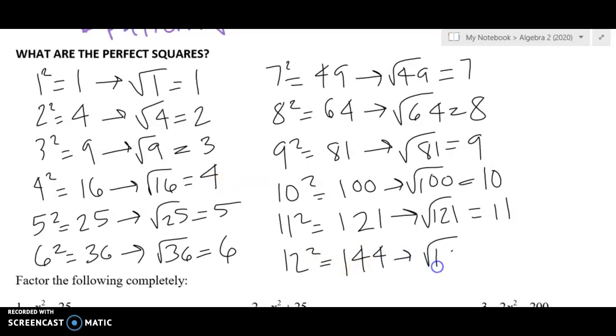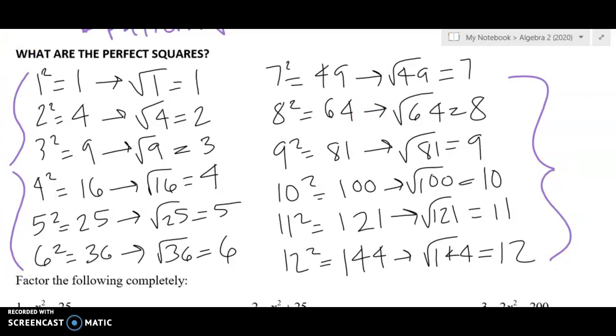The square root of 144 gets you right back to 12. These are all super important. You're going to need to know these, okay? Most of those should look familiar to you once we got a little bit bigger with the numbers. I know you maybe haven't seen all of those yet, but hopefully after a while you'll see these over and over again. You'll get the hang of it.